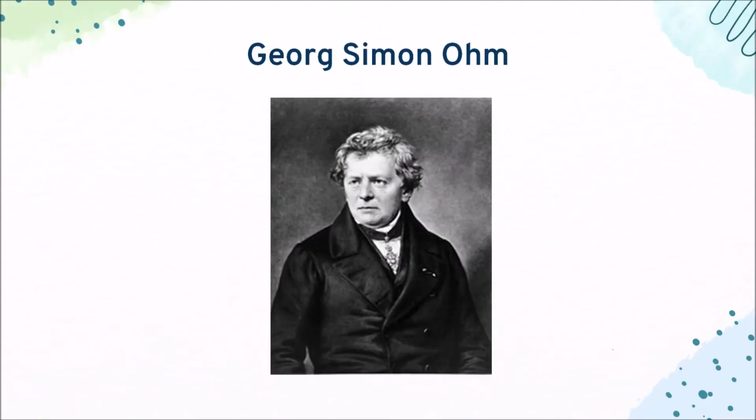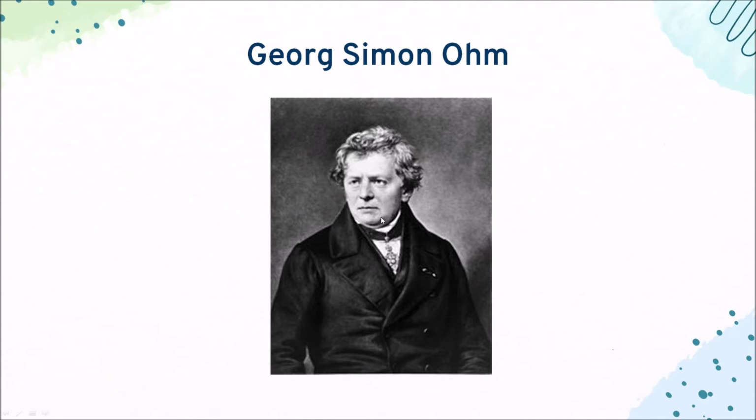So before we start, let's talk a little bit about the history of resistance. This person here, known as Georg Simon Ohm, is the guy who coined the term resistance. When electricity was first discovered, they thought that the EMF or the voltage of the battery had no influence on the current being supplied.